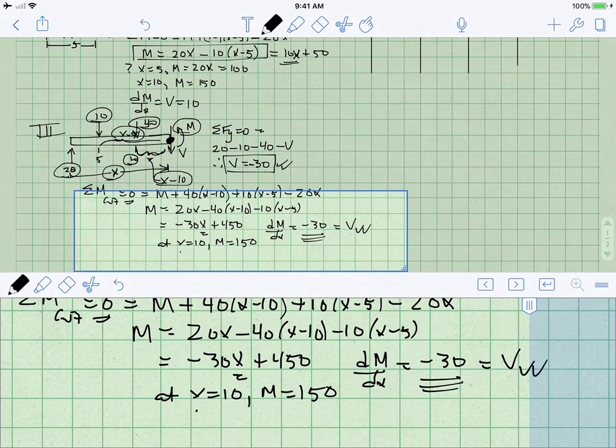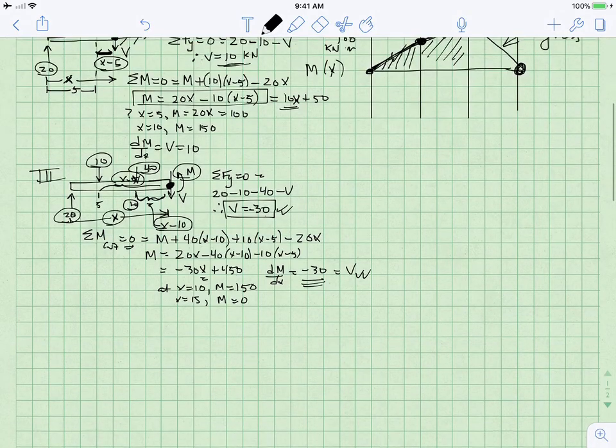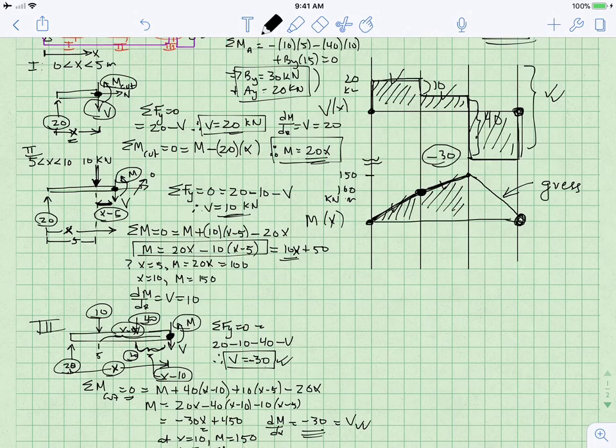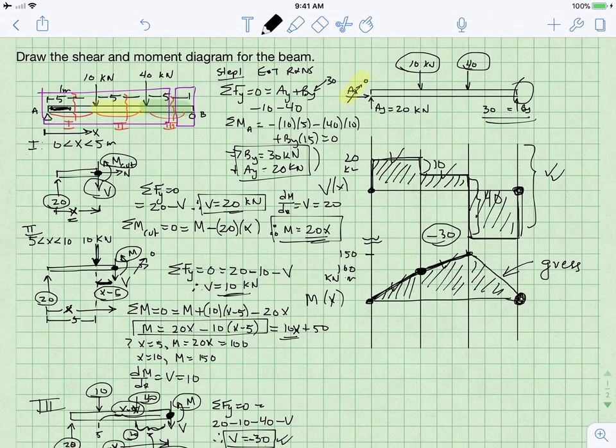When we plug in x equals 15, 15 times 30 is 450, and we get M equals 0. So let's go back to our diagram. This value is verified, this value is verified, and that completes the sketch of what the shear and moment diagram for the beam should look like.